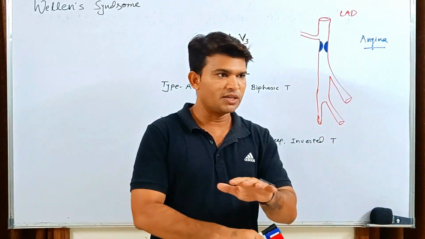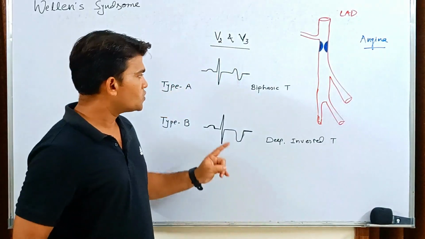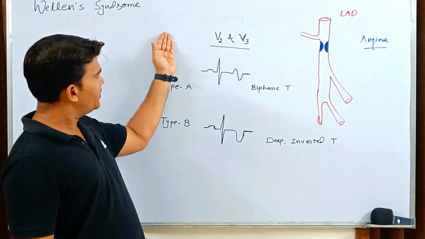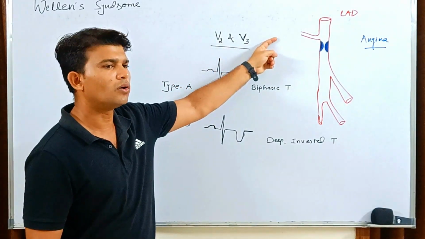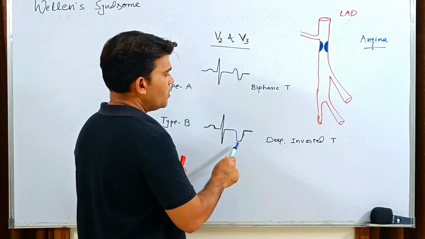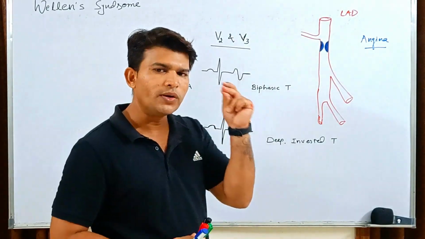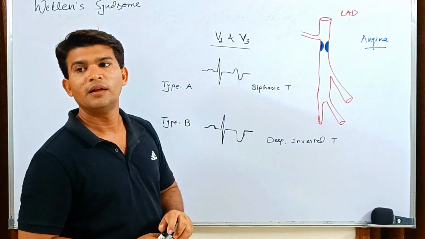Right now the patient has no signs and symptoms, and you do an ECG. If the ECG shows, in V2 and V3, and in some cases even V1, and in some cases V2, V3, and V4, this pattern, a biphasic T wave or deep inverted T wave, always think of critical occlusion of the left anterior descending artery.